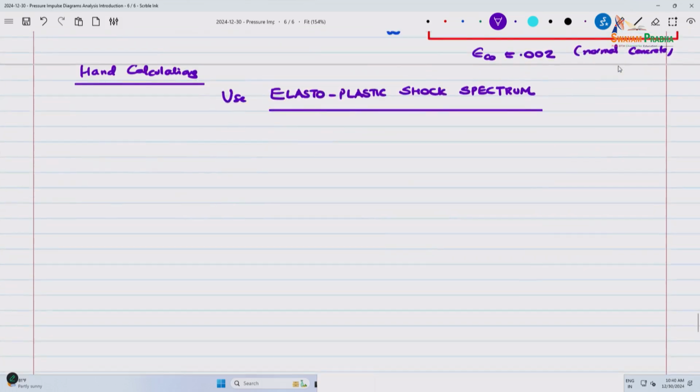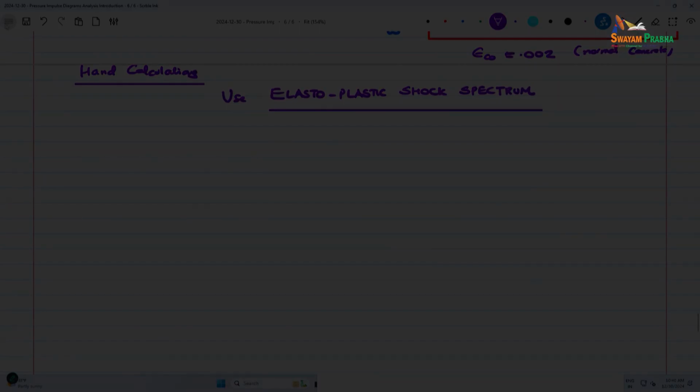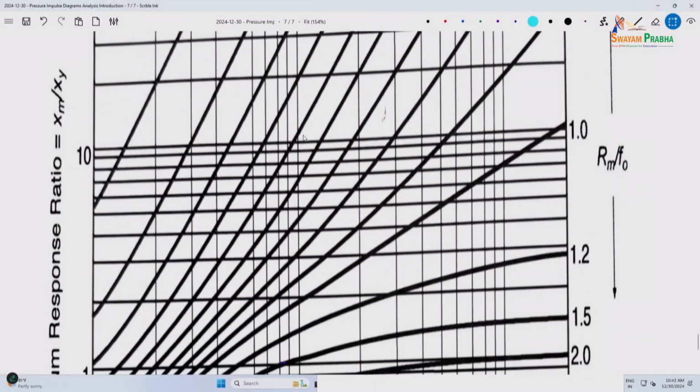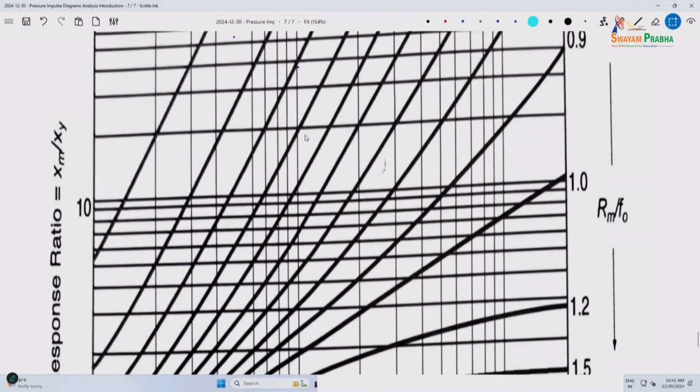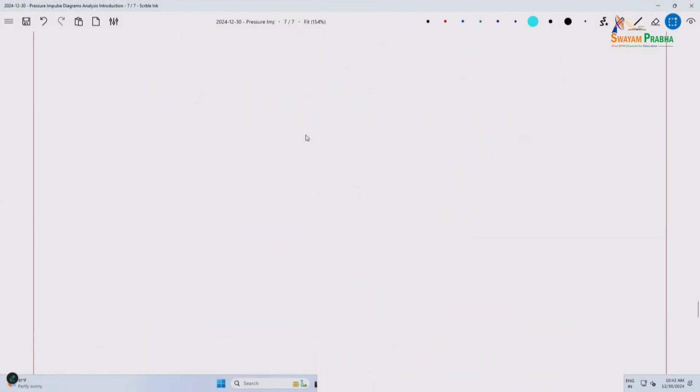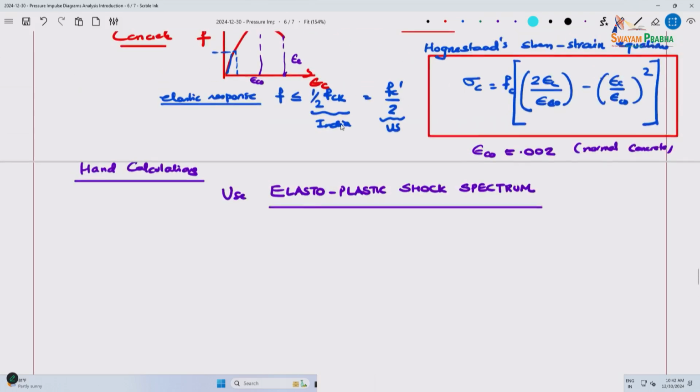So the graph itself, the response ratio, let me plot the elastoplastic shock spectrum.